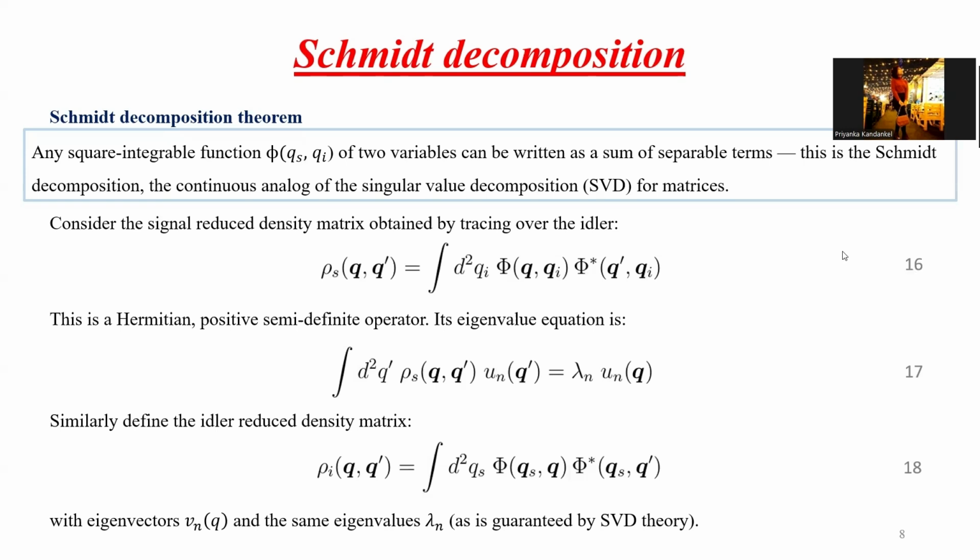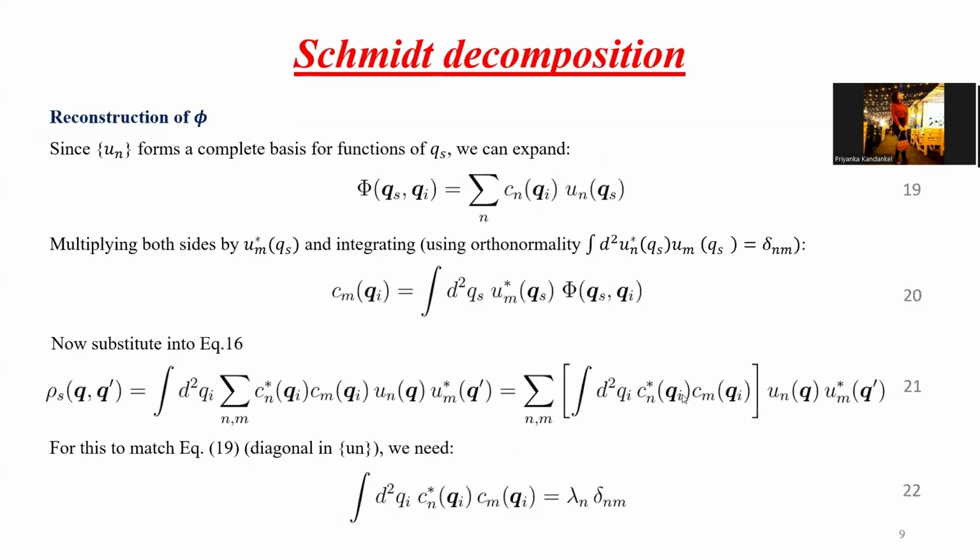This gives equation 16, and it has a set of non-negative eigenvalues, lambda n, and orthonormal wave functions un of q. Similarly, we can define the idler reduced density matrix, and the same lambda n also appears in it with corresponding eigenvectors vn of q. This is guaranteed by the singular value decomposition theory.